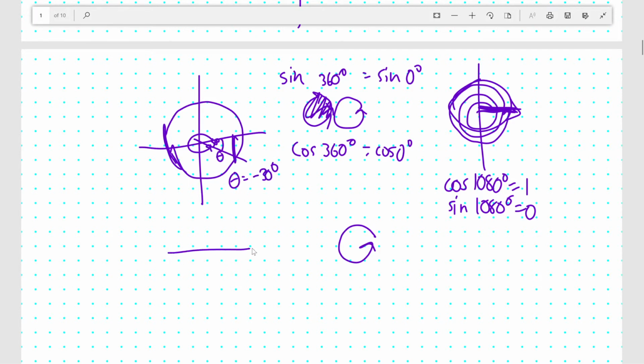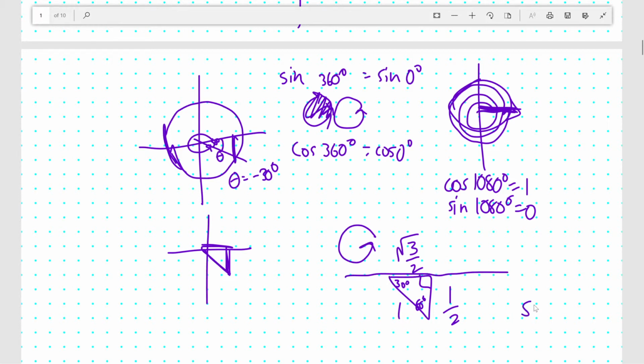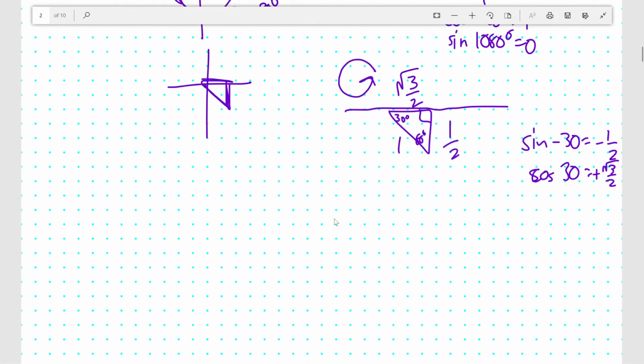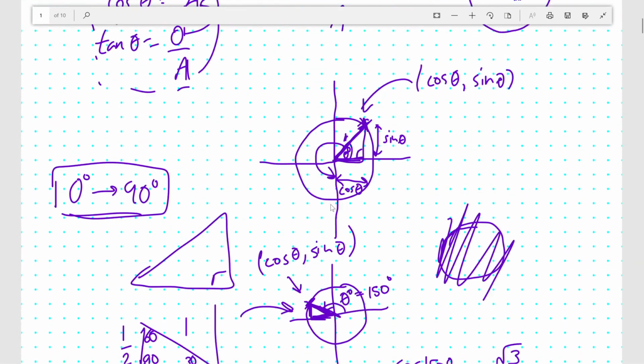So for a triangle here, which would have a hypotenuse of 1, and angles of 30, 60, and 90, you know this is 1 over 2, this is root 3 over 2, and therefore, since this is below the x-axis, sine negative 30 would be negative 1 over 2, and cosine 30, for example, would be positive root 3 over 2. And this is kind of how you can get any sine or cosine values from the unit circle.